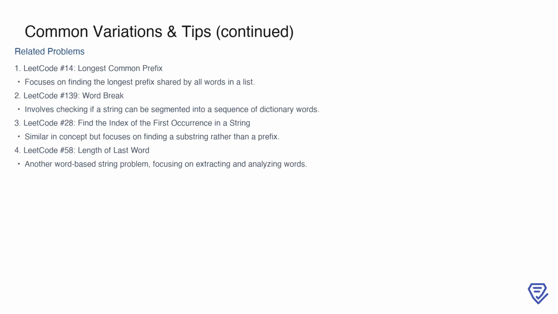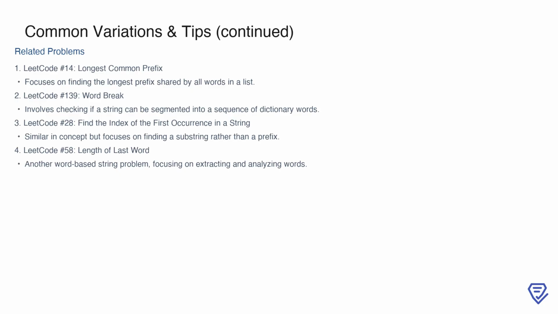This problem is also closely related to several other string manipulation challenges on LeetCode. For instance, problem number 14, longest common prefix, involves finding the longest prefix shared across all words in a list, a variation of prefix analysis at a broader scale. Problem number 139, word break, is another related challenge where you check if a string can be segmented into a sequence of dictionary words, making it a great test of substring and segmentation logic.